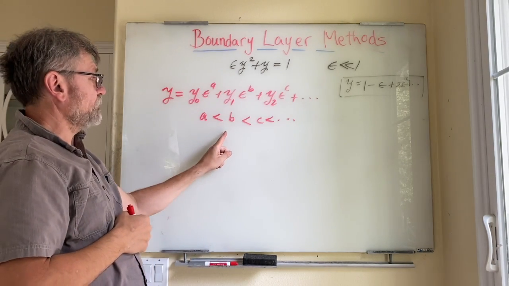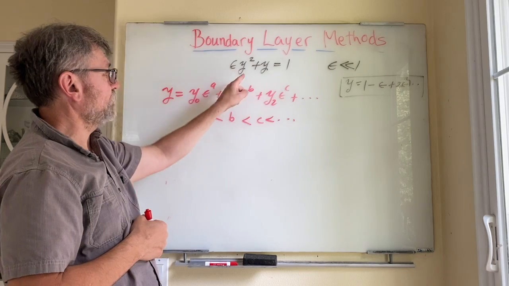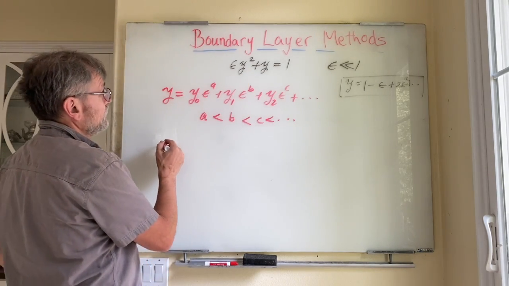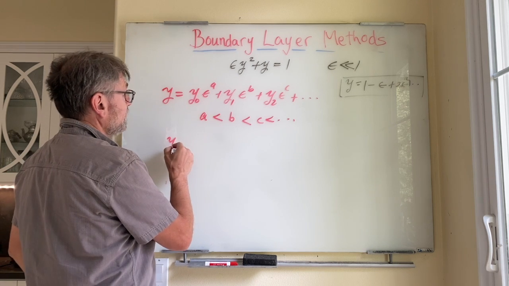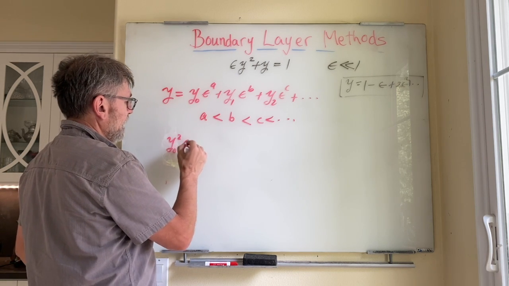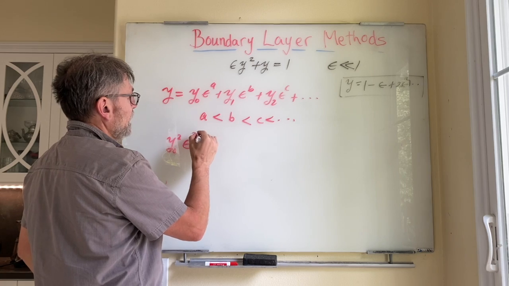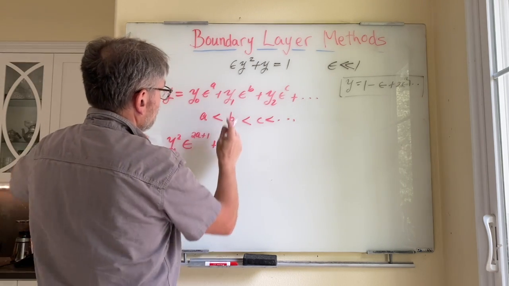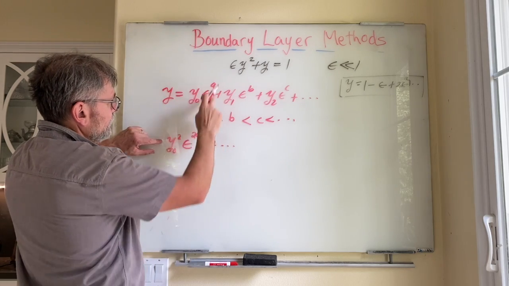Okay, now we're going to substitute this form of the solution into the equation. What we end up with is y naught squared times epsilon to the 2a plus 1 plus, so I just squared the first one in the series.